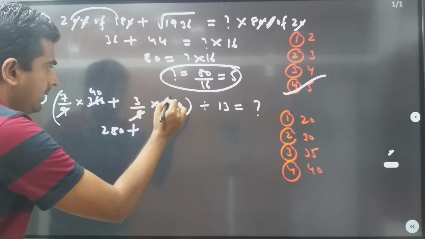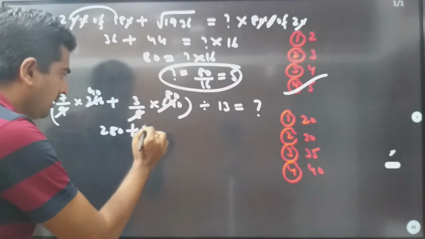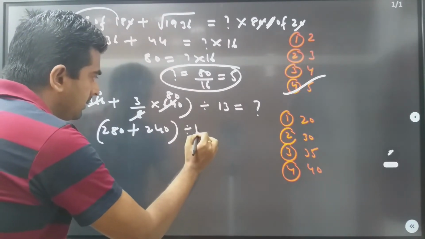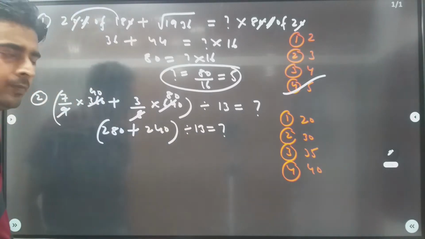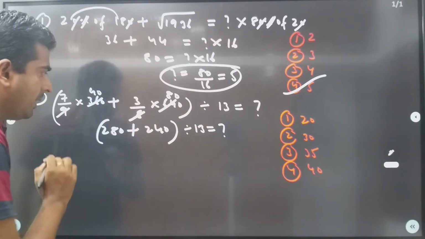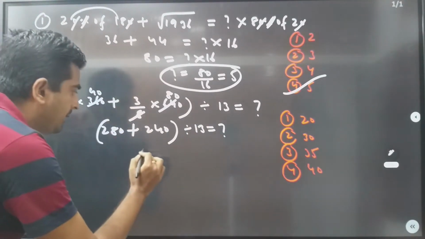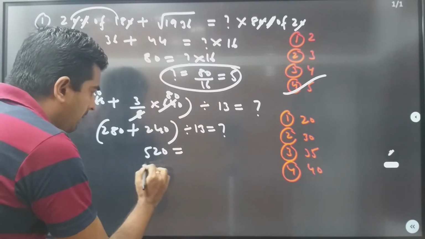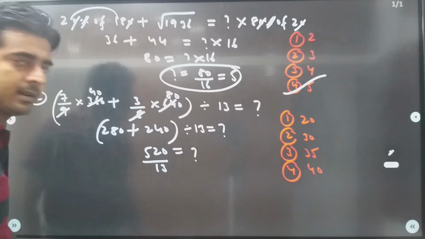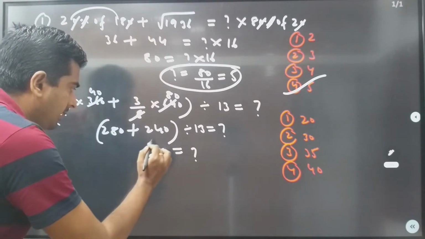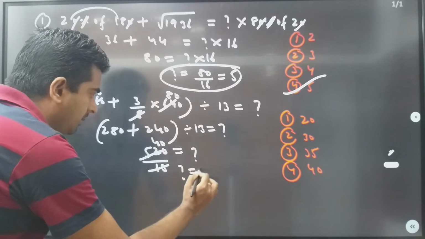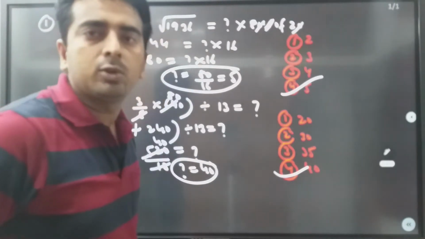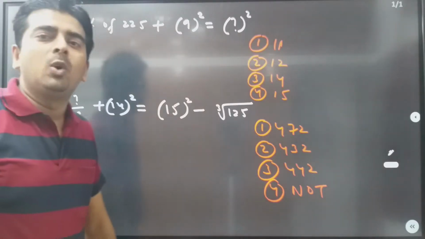This is 8 eighties are 640, so 80 into 3 is 240, whole divided by 13 is equal to question mark. 280 plus 240 is how much? 520. 520 divided by 13 is equal to question mark. 13 fours are 52, so my answer is 40, which is nothing but the fourth option. I hope you are clear on this second one.